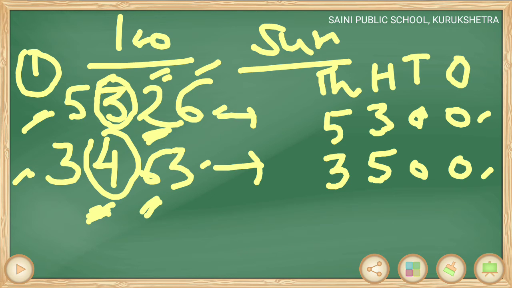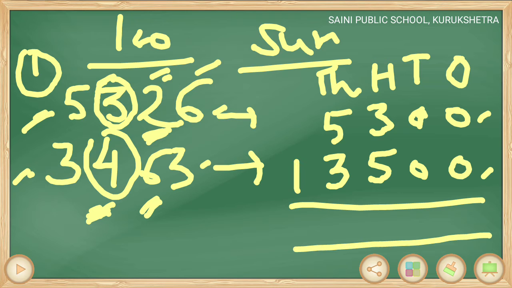So when we round off the number 5326 by 100, then we get 5300, and by rounding off to nearest 100 the number 3463 we will get 3500. Now we will find their sum. So put a sign of plus here. Now start doing addition from right side.